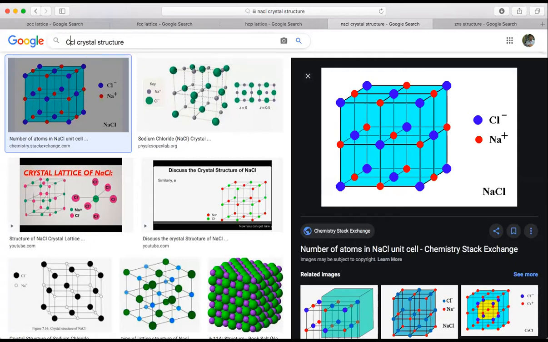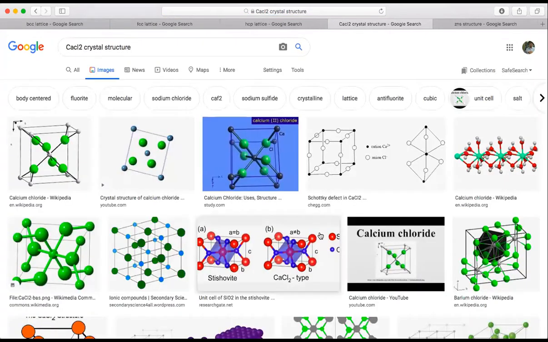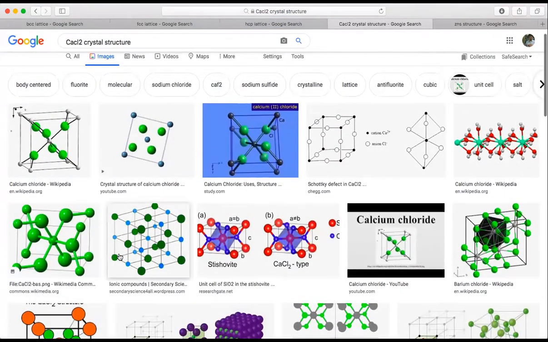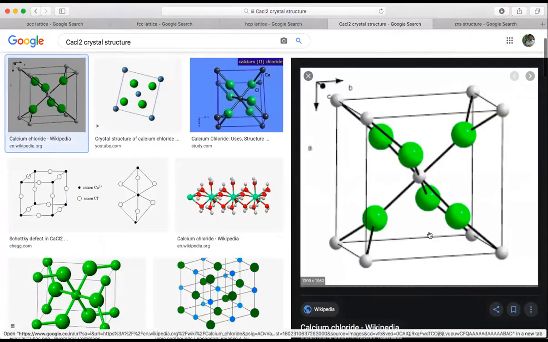I don't often know what exactly the crystal structure is. Calcium chloride, obviously, is some sort of cubic structure. It looks like it's a body-centered cubic structure.